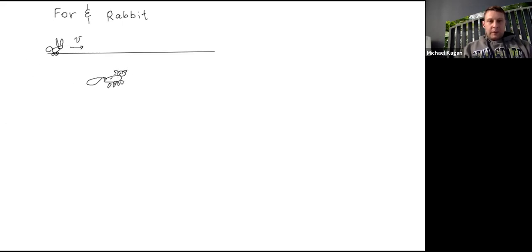So the fox is waiting, and once the rabbit passes the nearest point to the fox, it starts running at the rabbit, always in the direction of the rabbit.